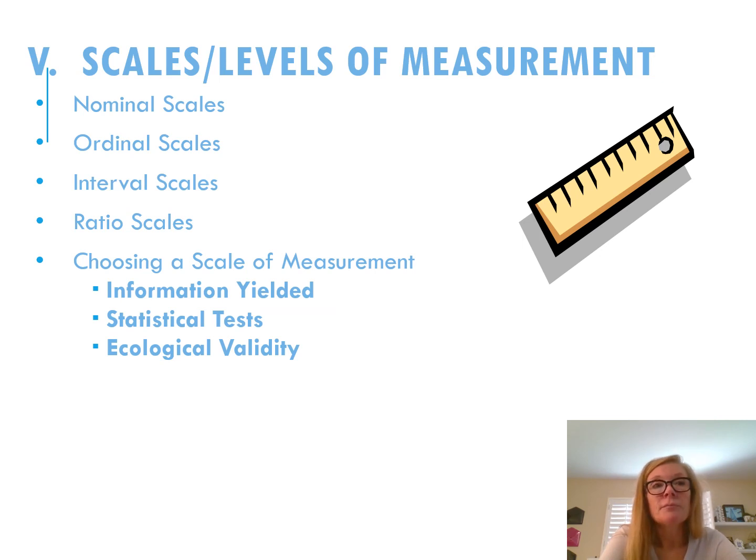If I ask you your age, but my hypothesis includes developmental stages of adulthood, I will then have to take your age and assign you to a category such as young adult, middle-aged adult, elderly adult. And if I'm defining it that way, 1 is young, 2 is middle, 3 is elderly, then I've changed a ratio scaled variable into an ordinal scale.